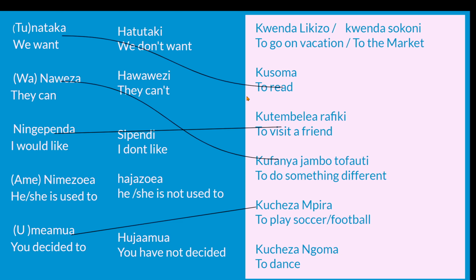So for instance, how would you say, I would like to visit a friend? Ningependa kutembelea rafiki. How would you say, we want to read? Tunataka kusoma. How would you say, they can do something different?